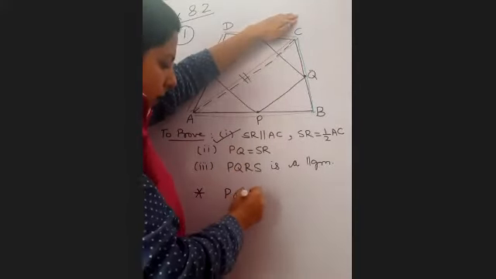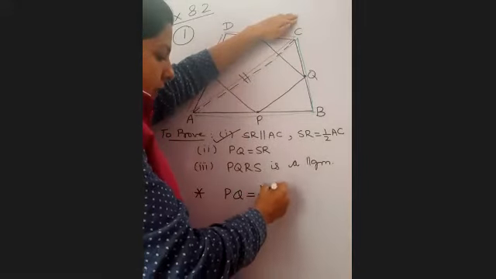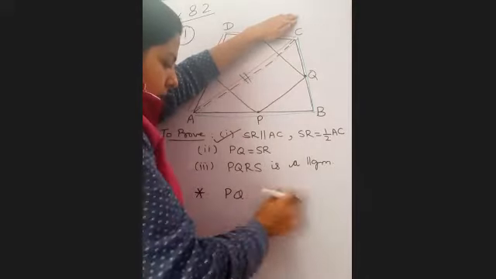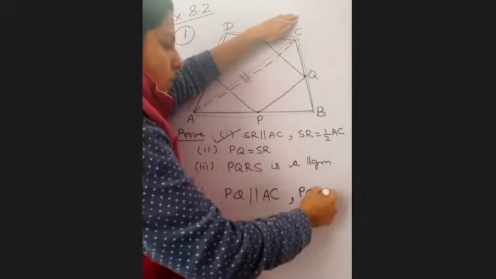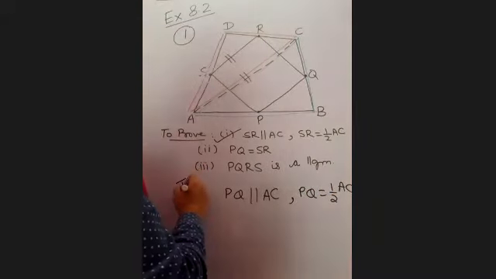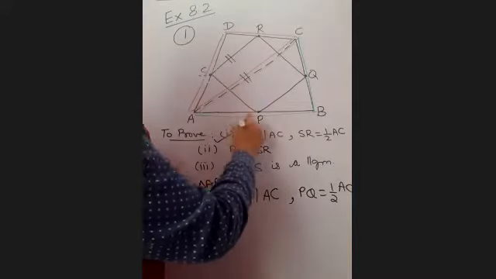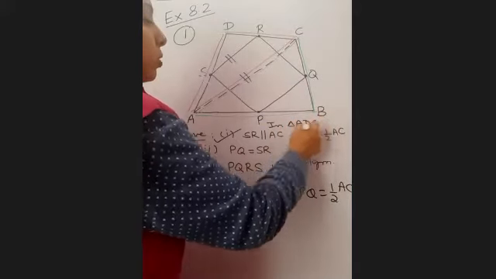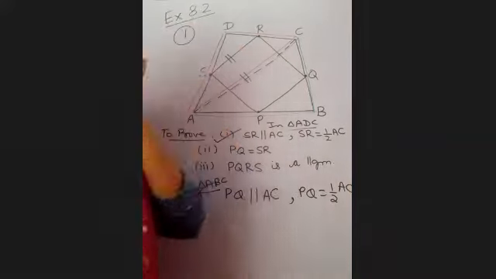That PQ is equal to half of AC and also parallel to AC. This is in which triangle? Triangle ABC. We must mention which triangle we are applying the midpoint theorem in.